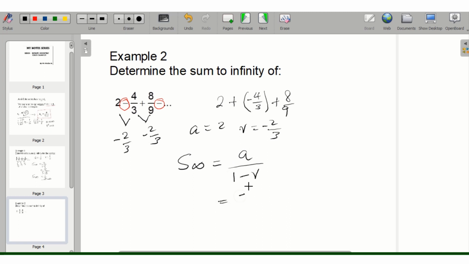So a is 2, over 1 minus minus 2 over 3. It's very important to remember this minus. So it's wise to put in your brackets so that you remember that you have two minuses, which would be a plus. If you plug this in your calculator, you will get a value of 6 over 5.